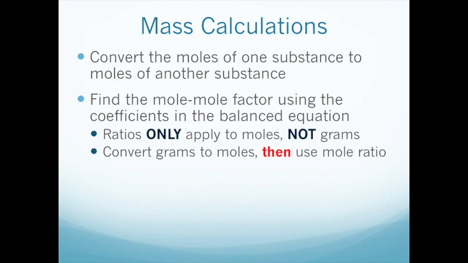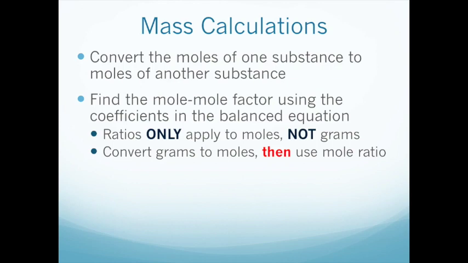For a mass calculation, if you want to find the mass of a product from, say, the number of moles of a reactant, you convert the moles using the mole ratio as before. The moles of the one substance correspond to a number of moles of the other substance.